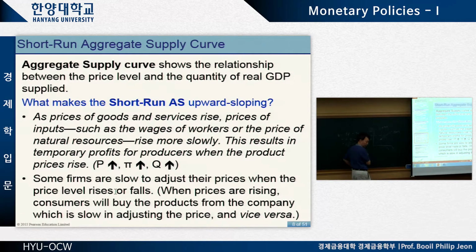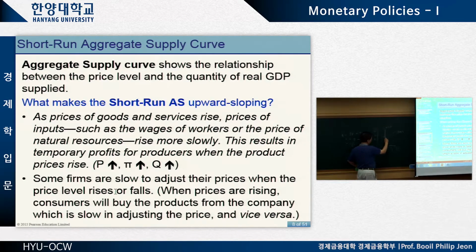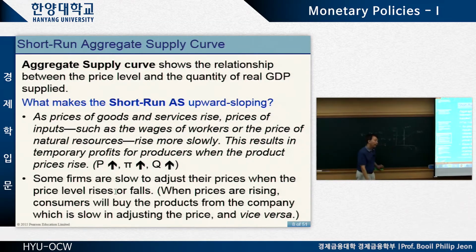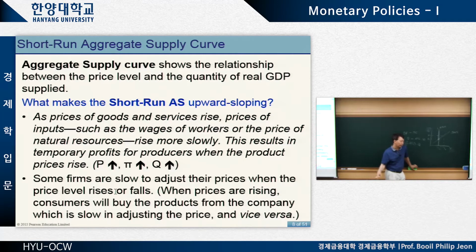You would have just an immediate vertical long-run aggregate supply. But because some companies are slower in raising their price, they find their output increasing. In other words, demand for their product increases because consumers find the products of this particular company relatively cheaper compared to other companies.